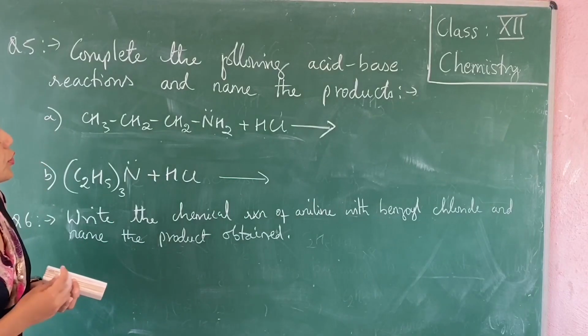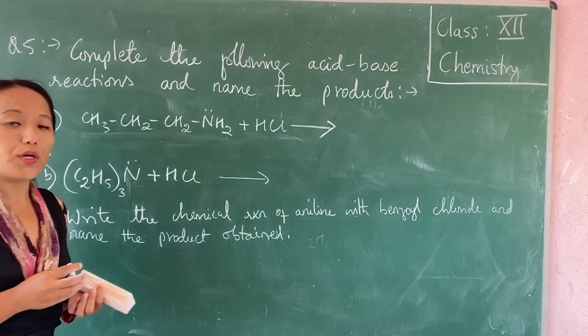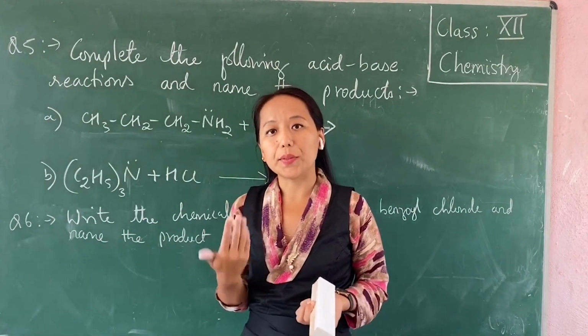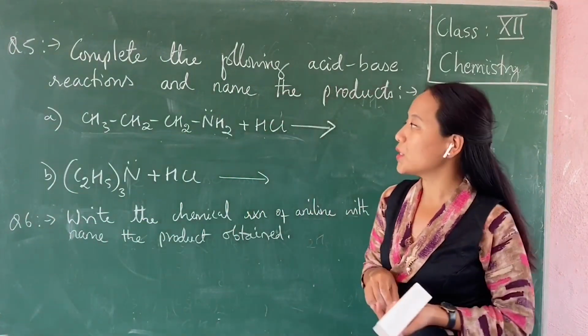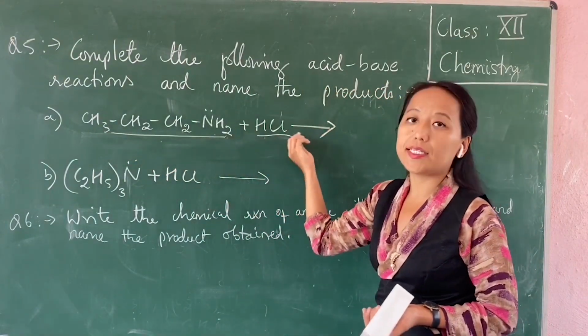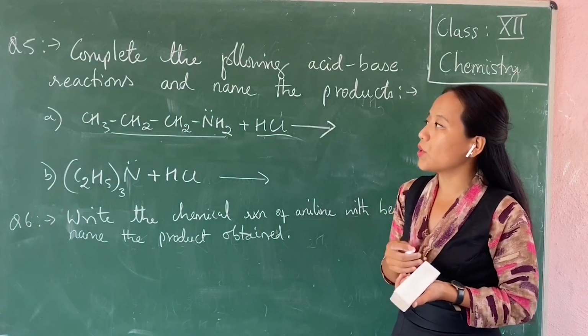Okay, then the next question says complete the following acid-base reactions and name the products. So we already know that whenever an acid reacts with a base, it leads to the formation of salt. Now in this case, your amine compound is the base and HCl is the acid. So these two will react and form a salt.